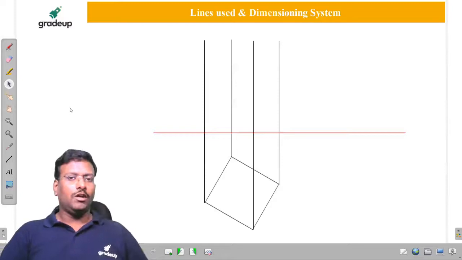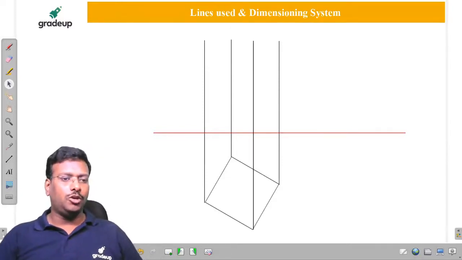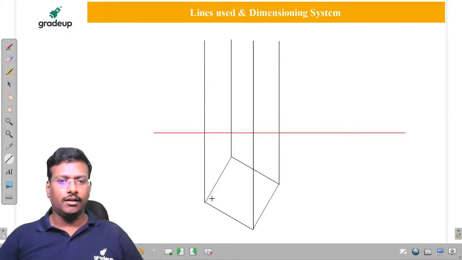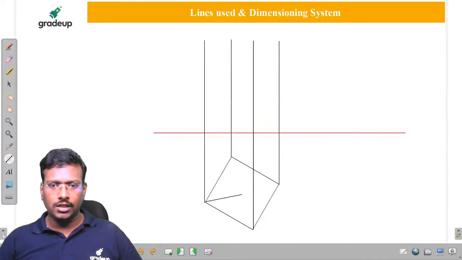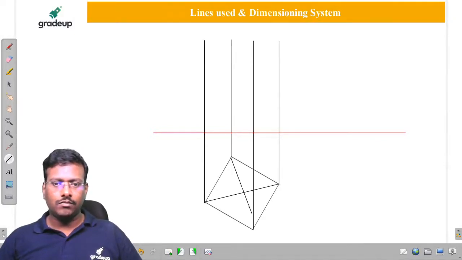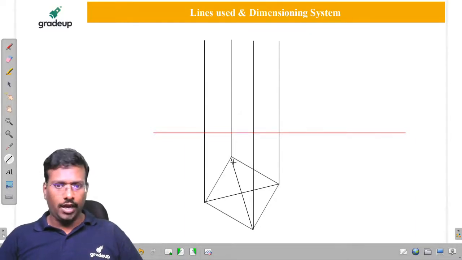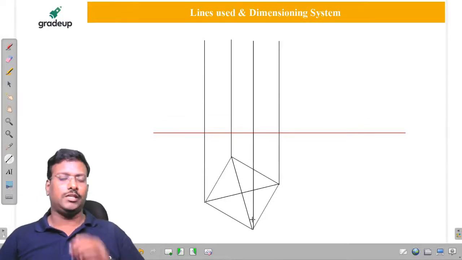Good. Now the top view is clearly visible to me, sir. Again, we have to find the center here. What is the center? By joining the opposite diagonals, we can get the center. Initially, everything was drawn with a 2H pencil. Observe, all these are 2H pencil.